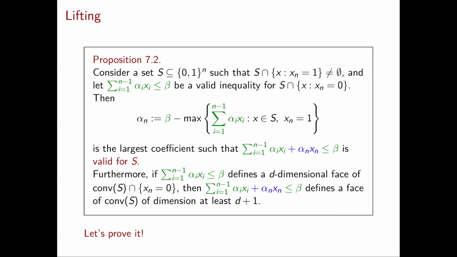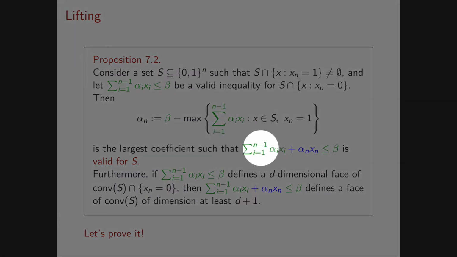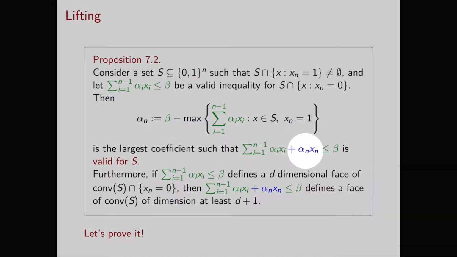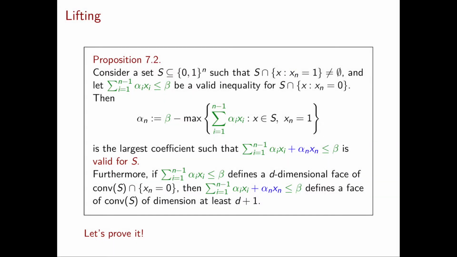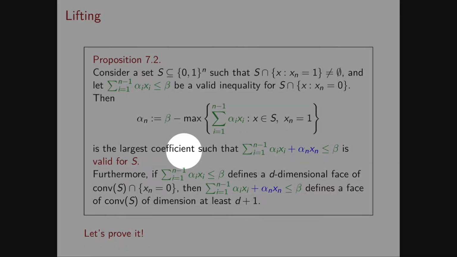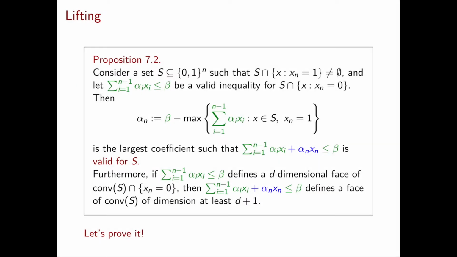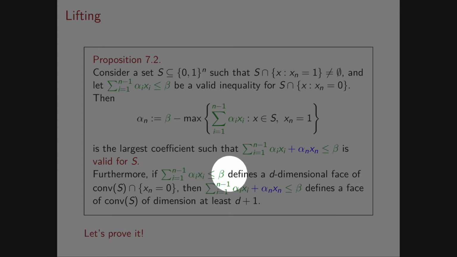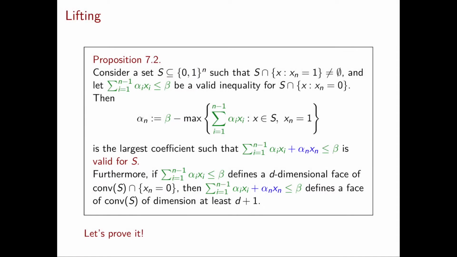And this alpha n is the largest coefficient such that the lifting obtained from the original green inequality by adding alpha n xn on the left hand is valid for S. The fact that this alpha n is the largest coefficient that gives you a lifting of the green inequality implies the following property. If the original inequality defines a d-dimensional face of the convex hull intersected xn equal to 0, then the lifting defines a face of the convex hull of dimension at least d plus 1.